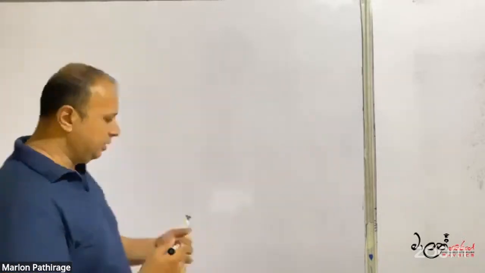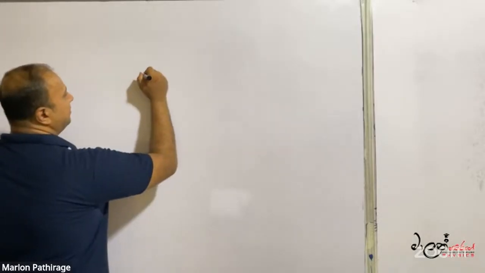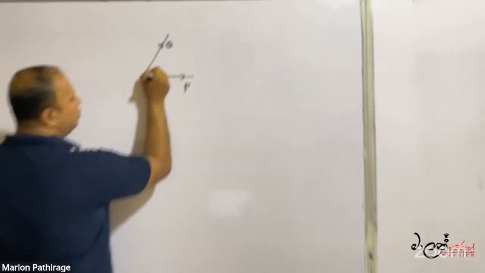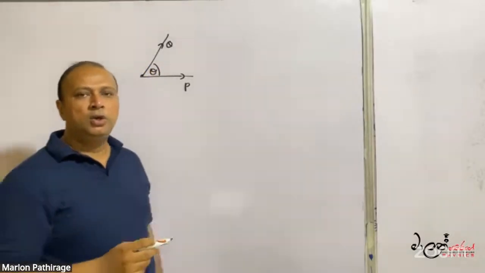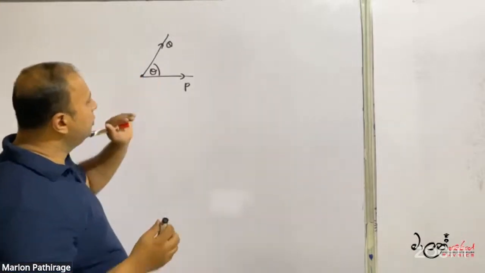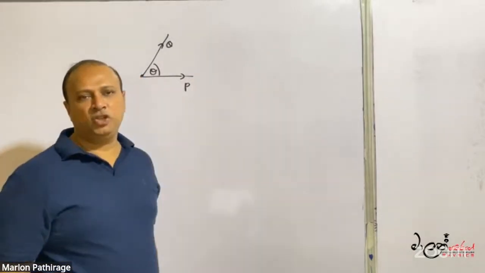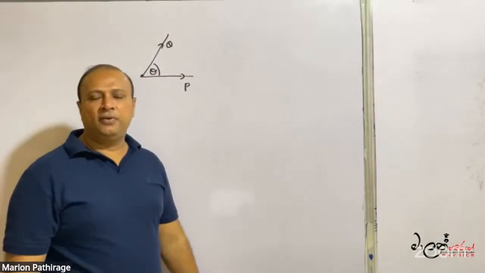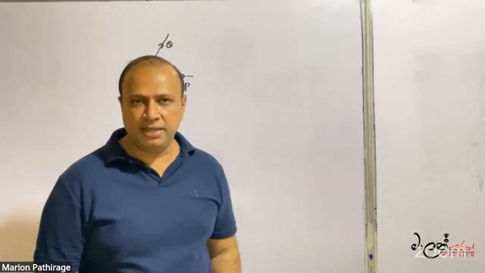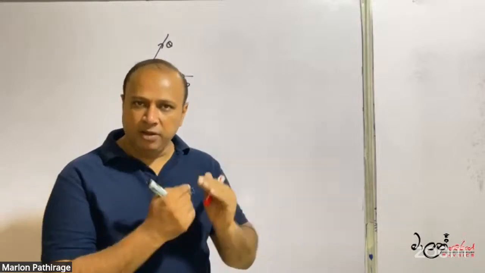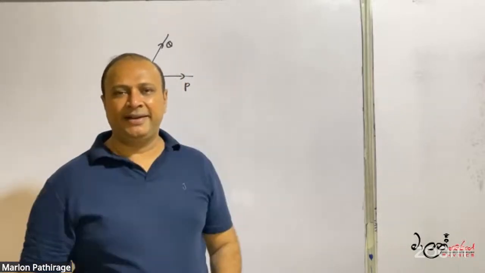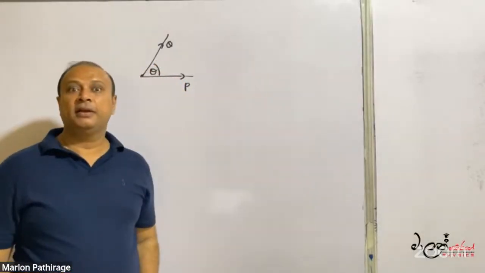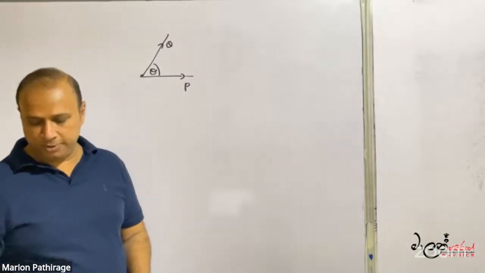According to the arrangement of those two vectors, the resultant force may vary. That means the value of the resultant can vary according to the arrangement, which means according to the directions of those vectors. Okay?